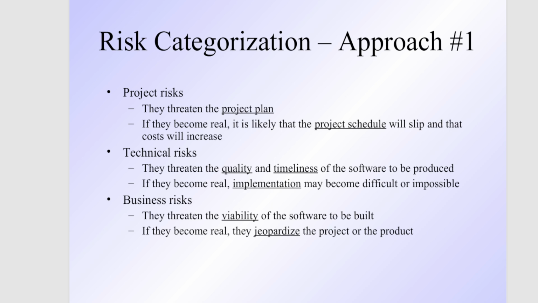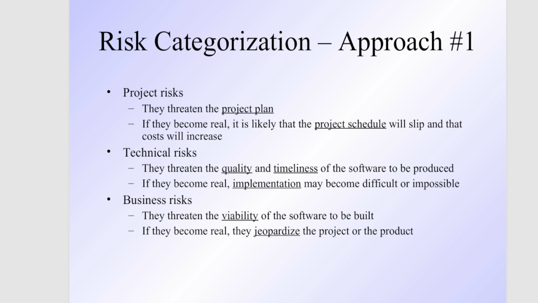If you give him that job, you are compromising the quality and the timeliness of the project, it will be a very difficult job for him, and you will have a poor quality of implementation. The third thing is called business risk.